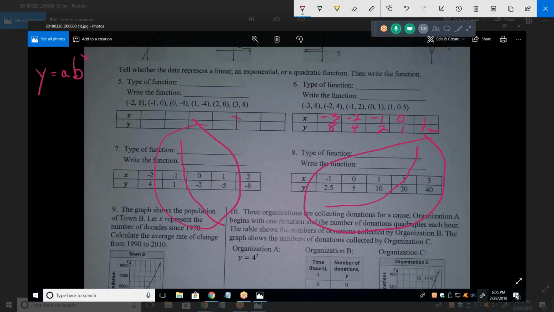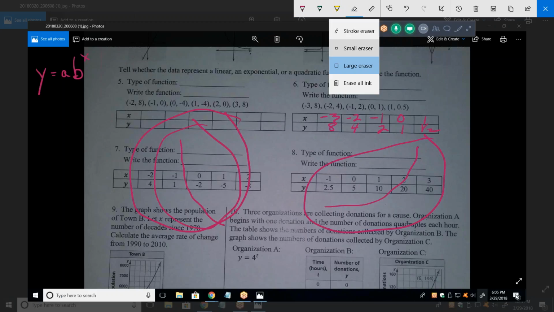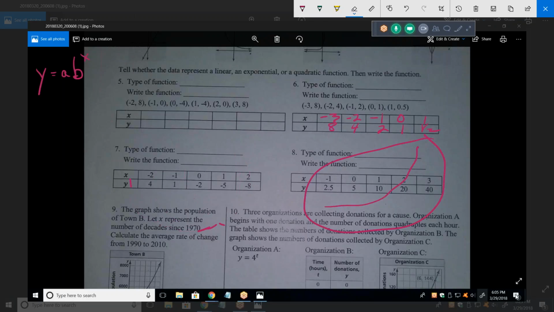It's going to look like this if b is less than 1. So we automatically assume that b is probably a number between 0 and 1.